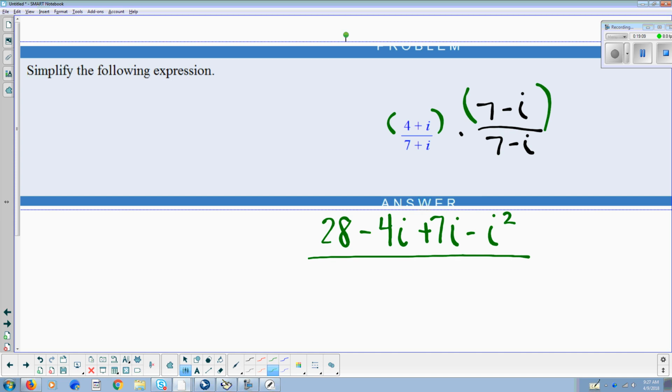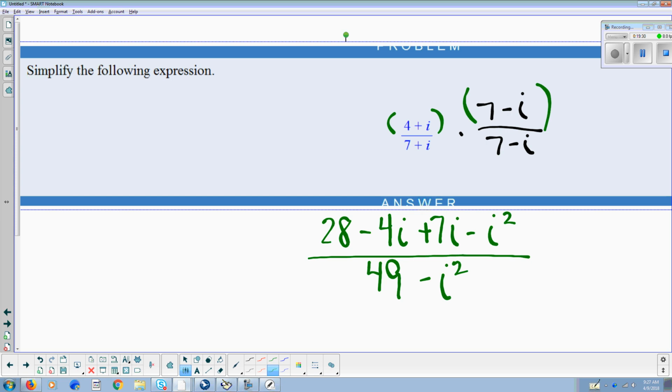In the denominator, you could also FOIL, but you might remember that when you multiply conjugates, the outer and inner terms are going to cancel out every time when you FOIL. So you can just multiply the first terms and last terms when you're multiplying conjugates. So 7 times 7 is 49. i times negative i is negative i squared.